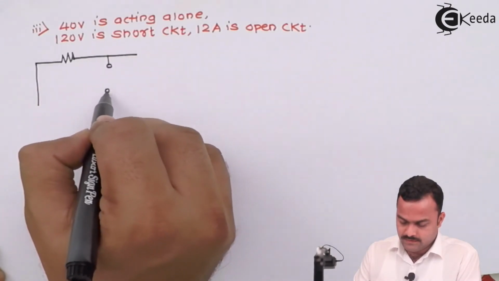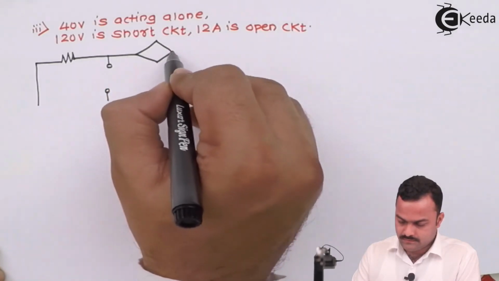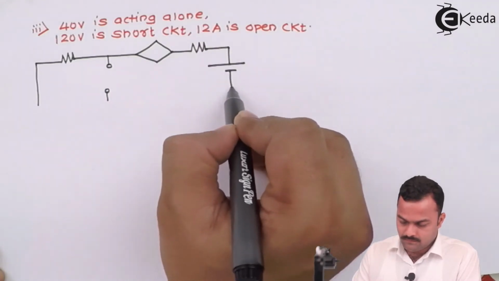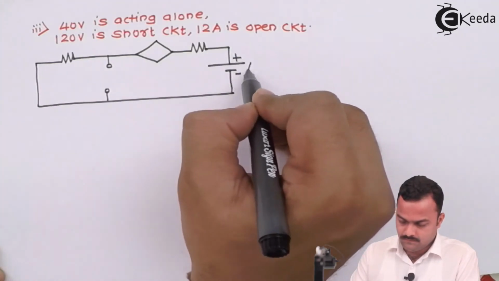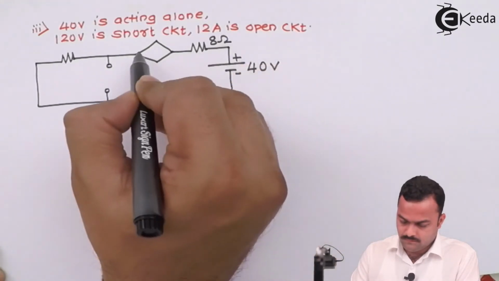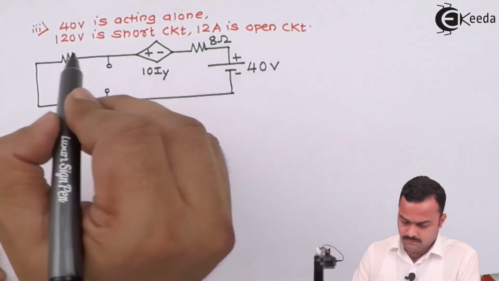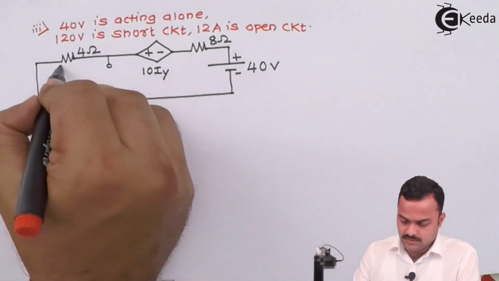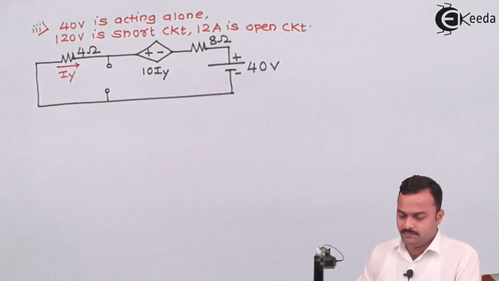The current source is open circuited. We are not going to touch the dependent source. So 40 volt is acting. And over here, this is the current that we are supposed to find out, and on which the voltage 10IY depends.